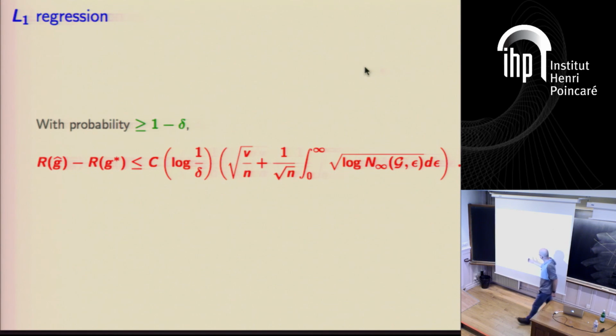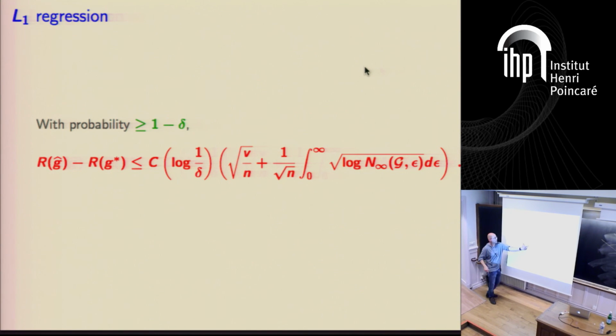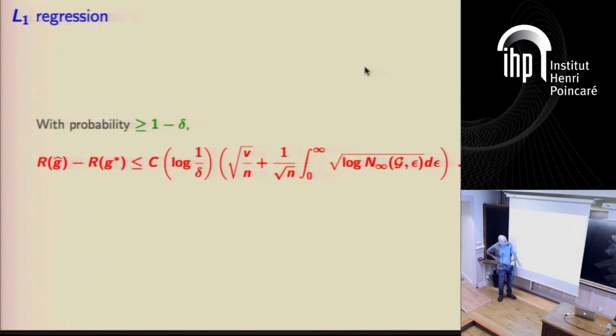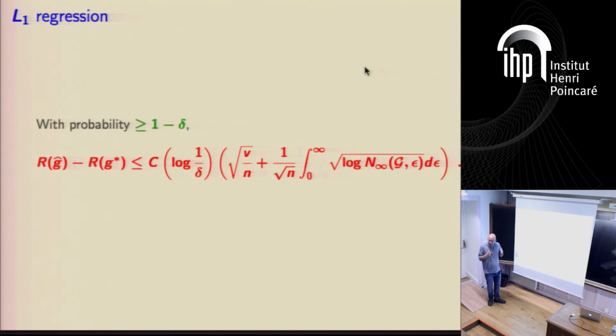So with probability at least 1 minus delta, we have this log 1 over delta term. This is fine. This is just the square root of the variance of Y divided by n. And something that now depends only on the complexity of the class of functions. These functions are bounded. The Y's are not bounded.